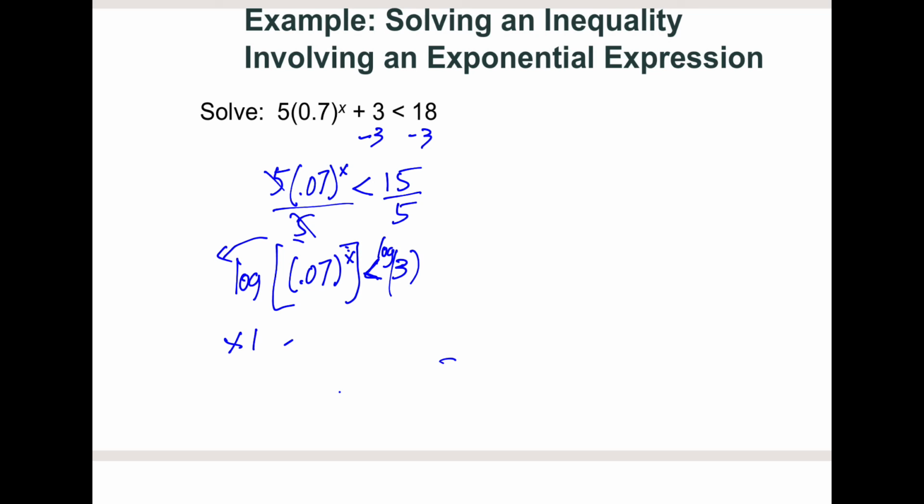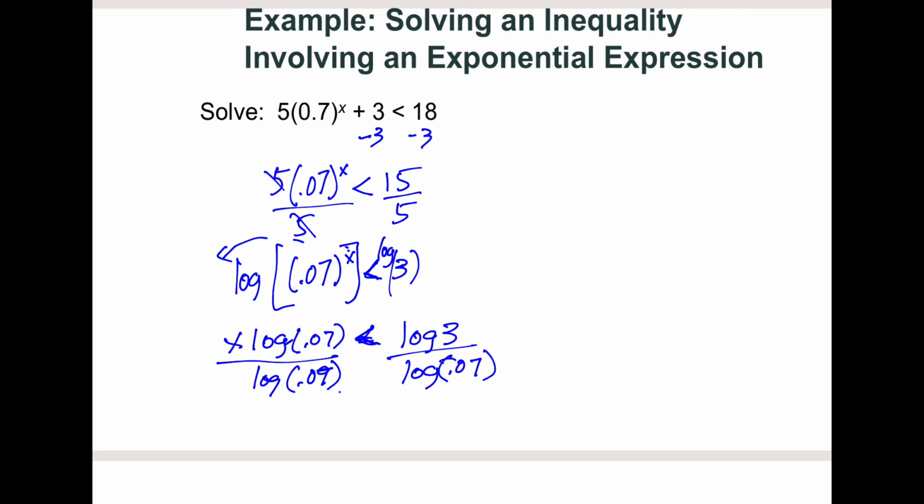So I have x log base 10 of 0.07 less than log base 10 of 3. And then let's solve for x. I'll divide both sides by the log base 10 of 0.07. So I have x is less than log base 10 of 3 divided by log base 10 of 0.07.